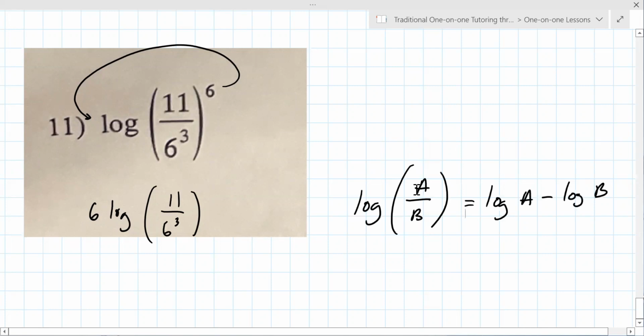Whatever's up top is the first thing, whatever's on bottom is the second, and you're subtracting. So the 11 is like your A, minus the bottom, which is 6 to the power of 3. And there's really this 6 out in front.